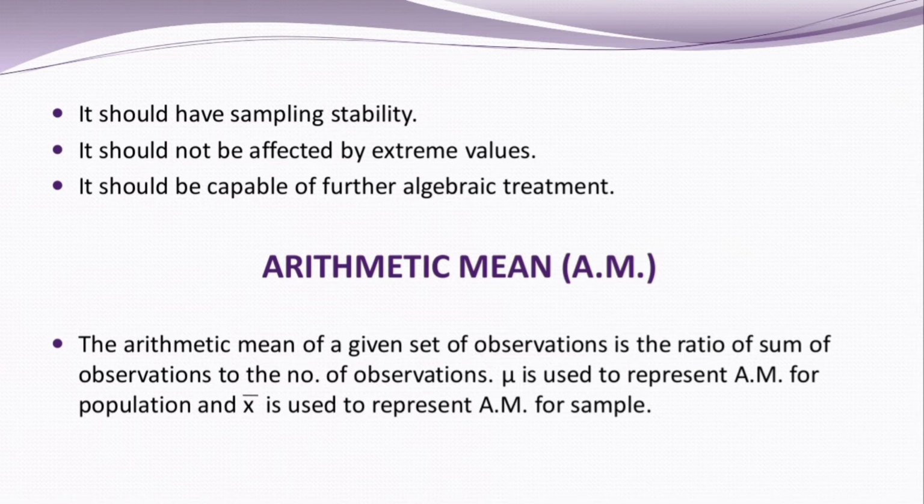First one is arithmetic mean. The arithmetic mean of a given set of observations is the ratio of the sum of all the observations to the total number of observations. Mu is used to represent arithmetic mean for a population. In statistics, a population is the entire pool from which a statistical sample is drawn.